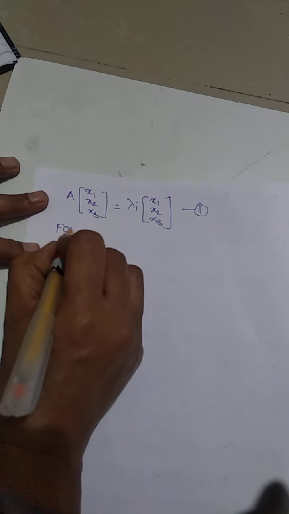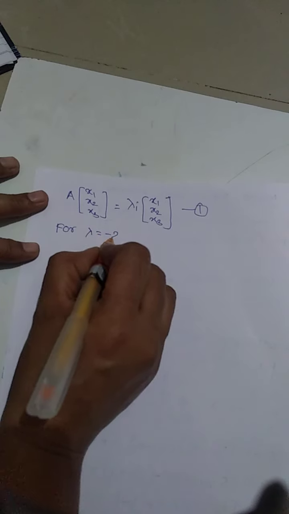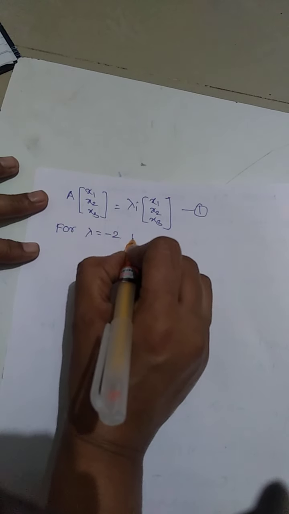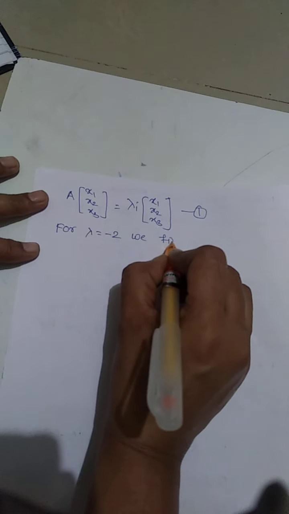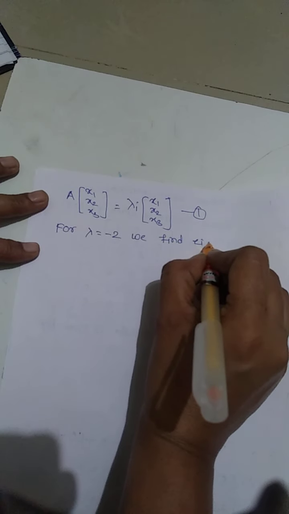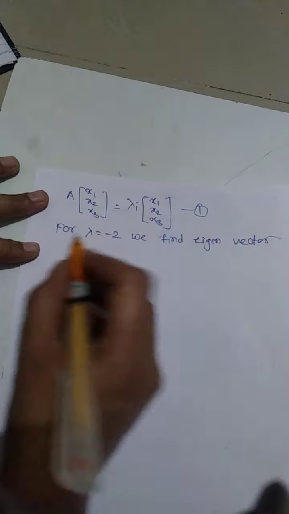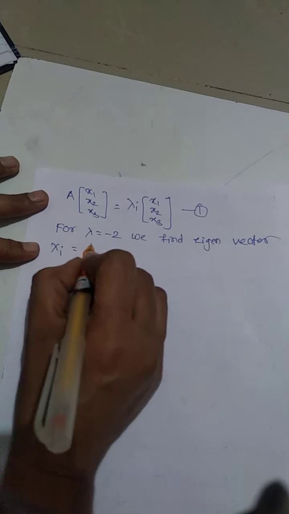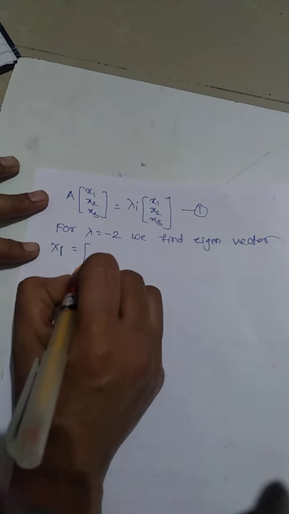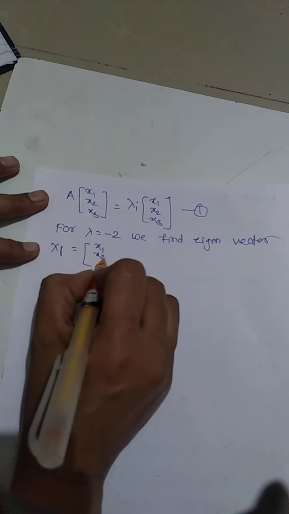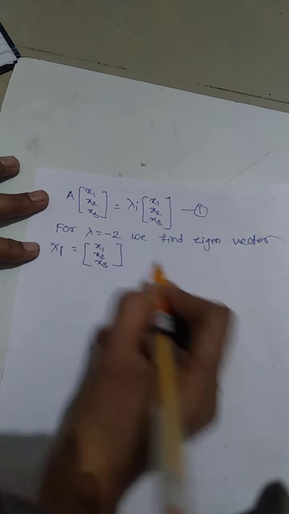Then putting the matrix for lambda is equal to -2, we find the eigenvector X1 is equal to (x1, x2, x3).